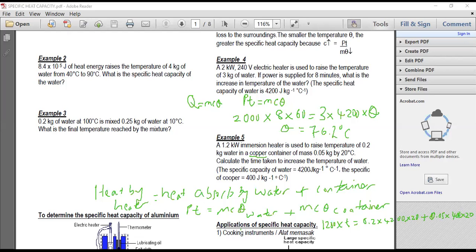So you calculate 0.2 times 4200 times 20 plus 0.05 times 400 times 20, then divide by 1200. So you get 14.33.